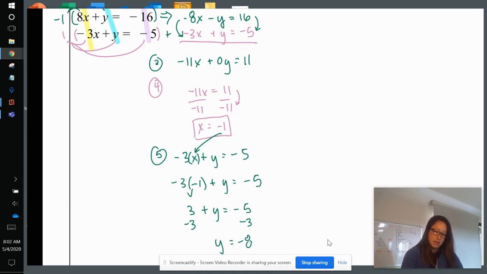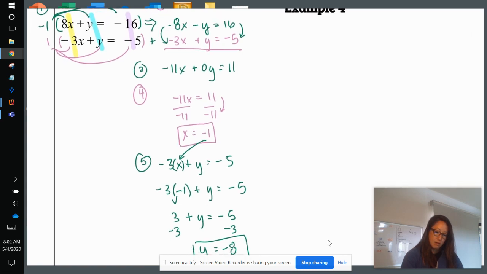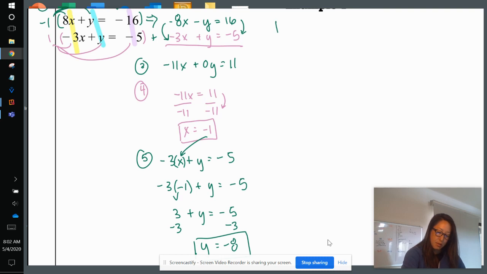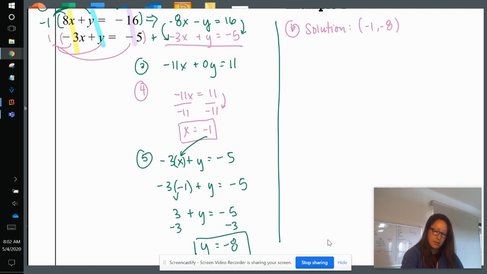All right, so that is our second variable. So put my line for neatness. Step number 6 would be the solution, which is -1, -8.